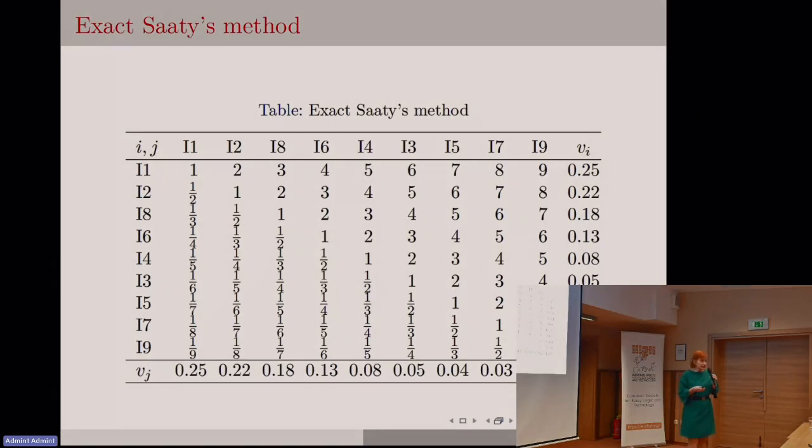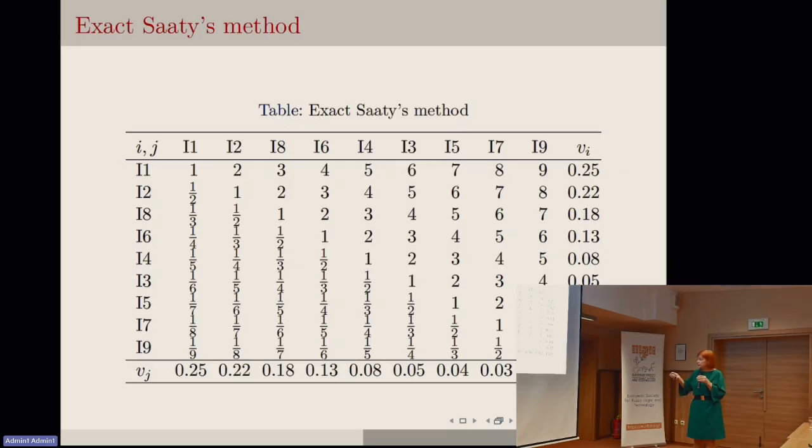I would like to remind you of the exact Saaty method, because you see that we need to create a whole matrix. In the rows, you can see individual indicators: I1, I2, I8, and so on. They are reordered with respect to importance. You can see this situation where I put values from 1 up to 9.